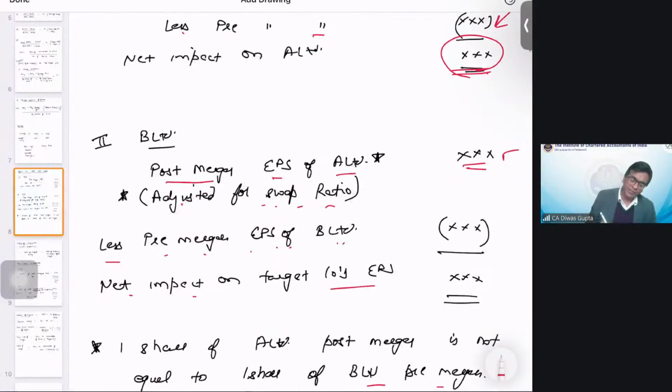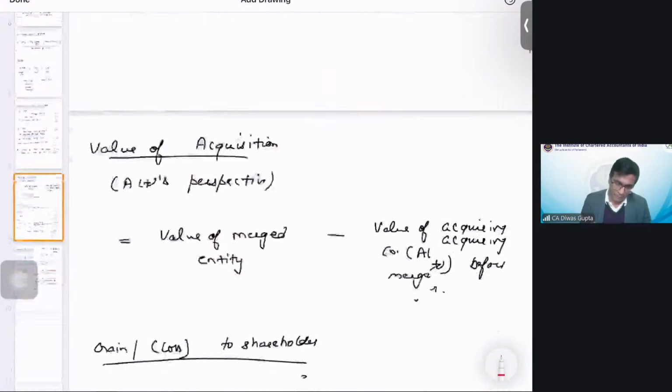From B Limited's perspective, the MPS post-merger of A Limited adjusted for swap ratio minus pre-merger MPS of B Limited. Simple. Everything remains the same. Instead of EPS everywhere, MPS comes. But the concern I'm trying to solve here is, even in case of MPS, the swap ratio will be adjusted if you are calculating from B Limited's perspective, students.